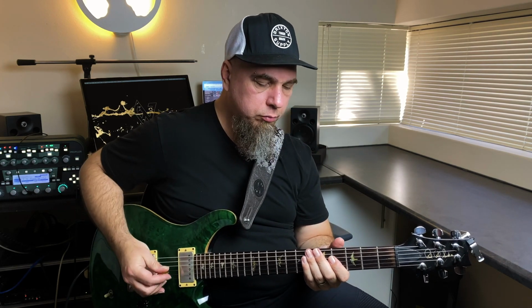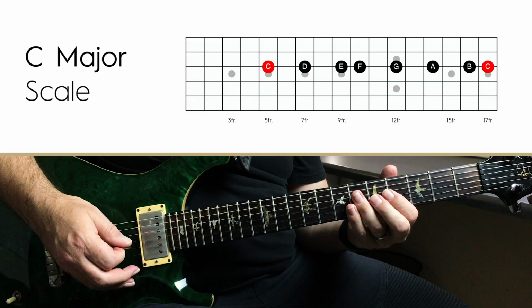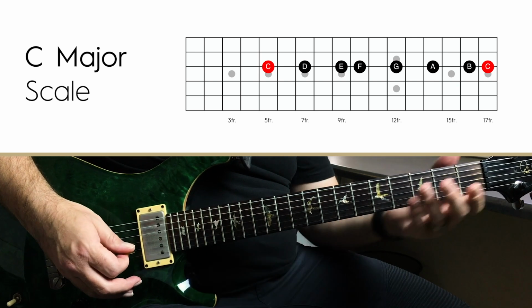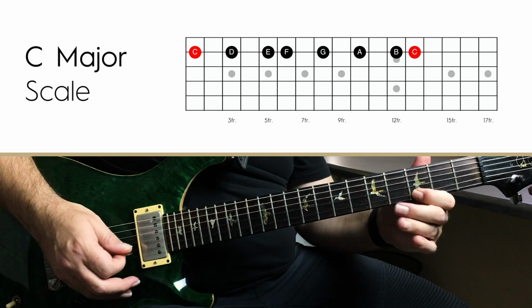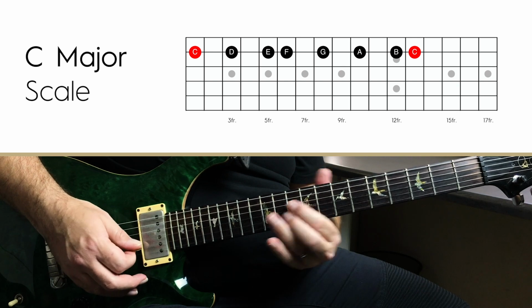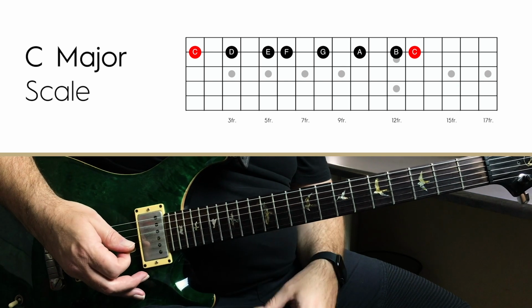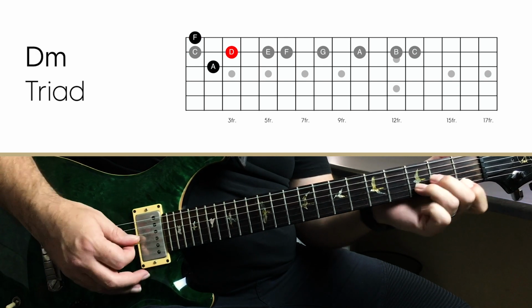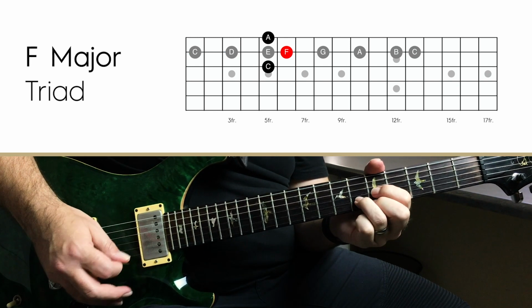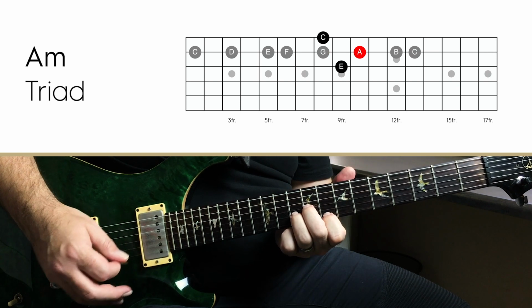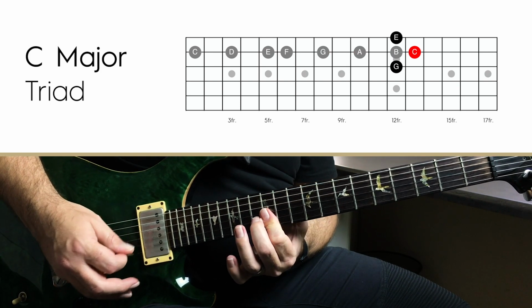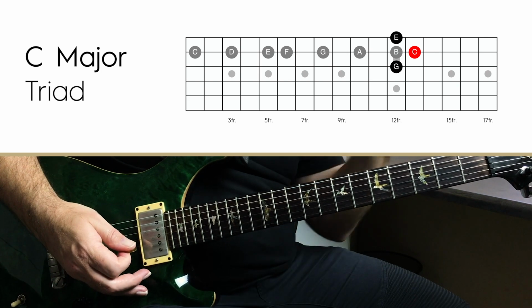Of course, if I can play the C major scale over here, I can also play it here, which means now I can play this: C, D minor, E minor, F, G, A minor, B diminished, and C. You can catch all those shapes on that PDF I just mentioned.